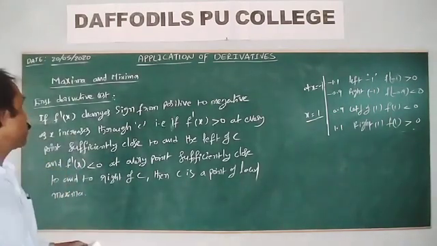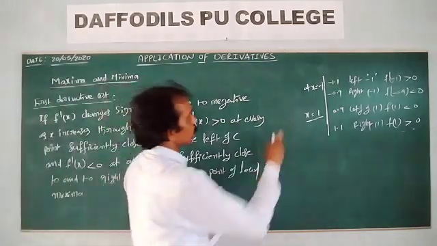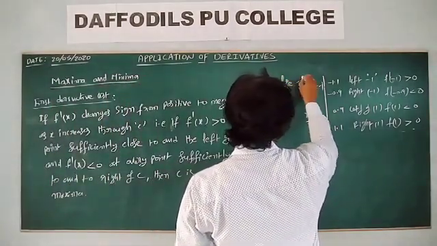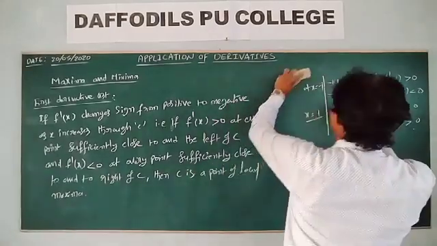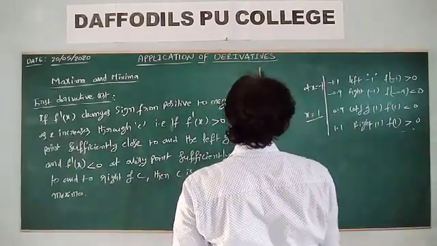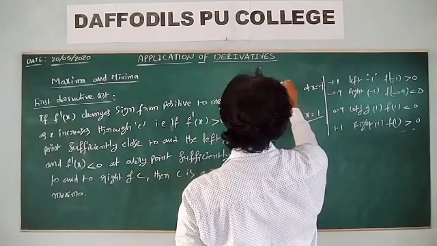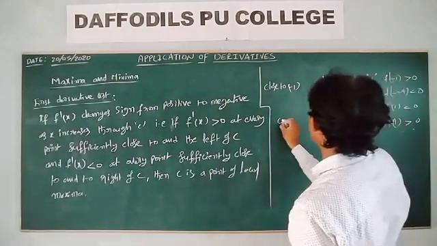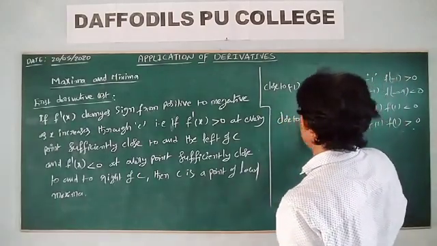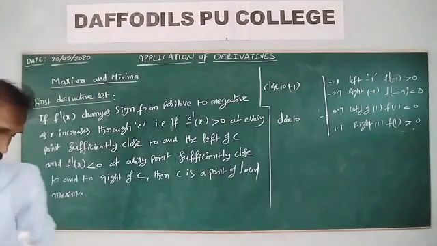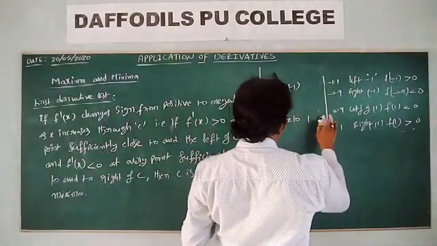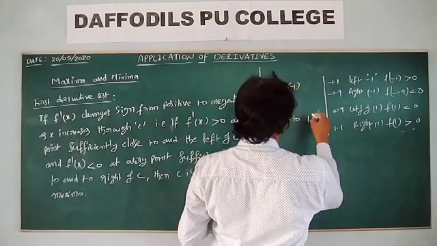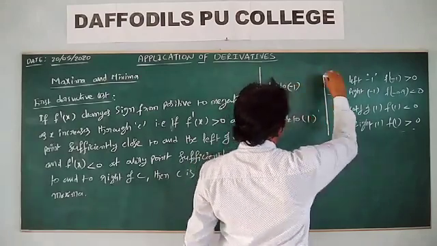Okay, same like that, local maximum. Once you look in the previous problem, this is close to minus 1, close to 1.